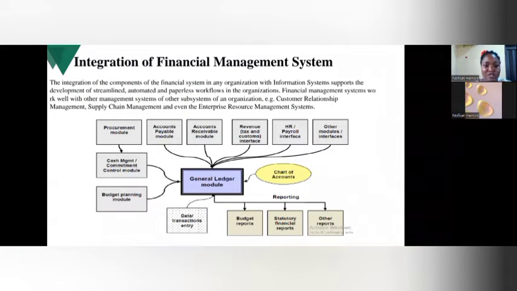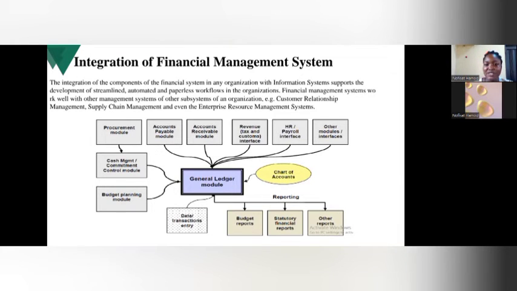This chart shows the integration of the components of the financial system, from the procurement module to cash management. The transaction moves to the budget planning module, and also the accounts payable to the receivables, and all these components make up the general ledger module, which is used to inform the management.